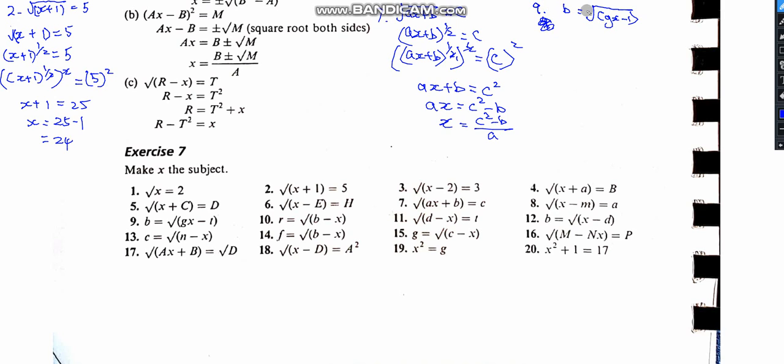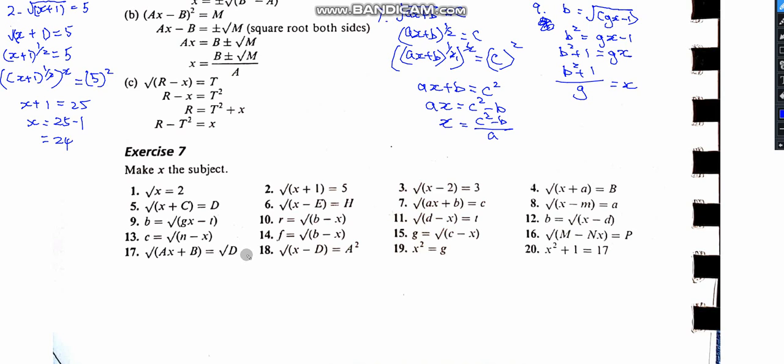I don't want to repeat the step, but obviously you square this side, this square root disappears. It becomes gx minus 1. So b squared plus 1 equal to gx. The g, move it down to the other side and make it become the denominator. That's it.